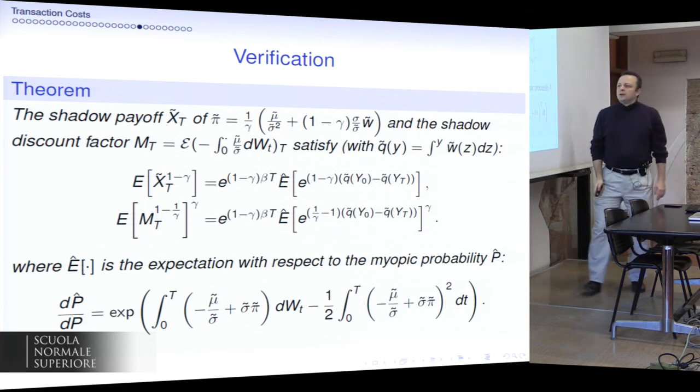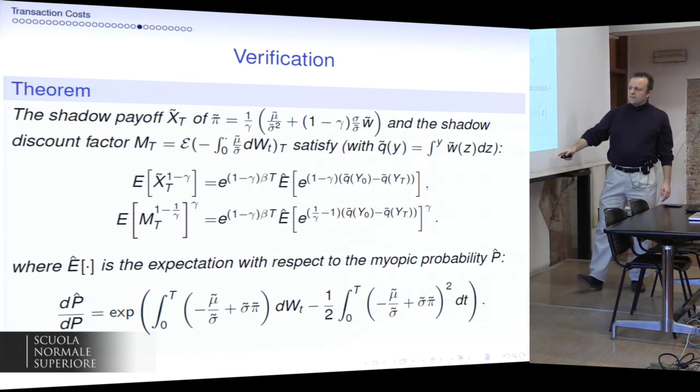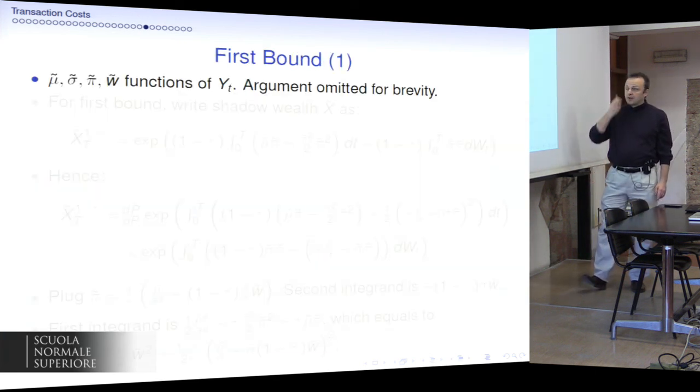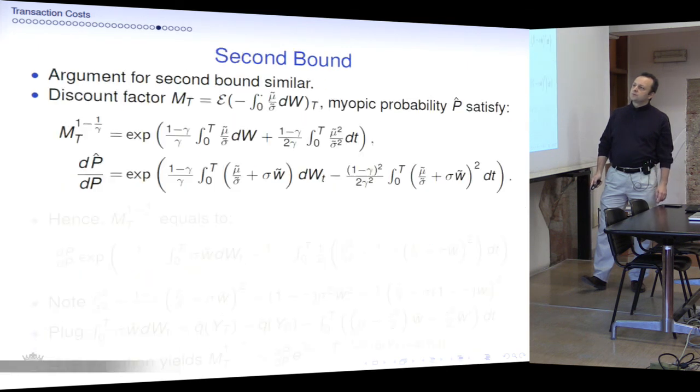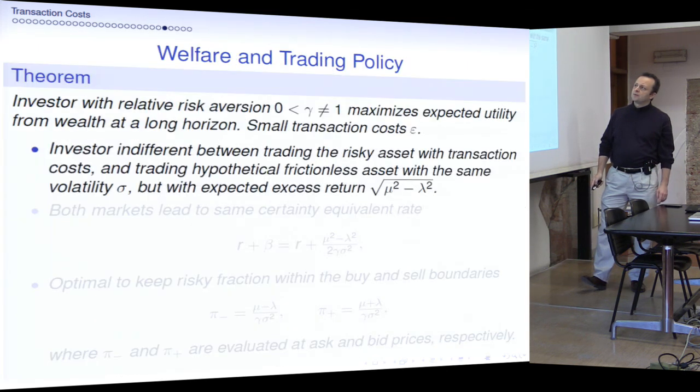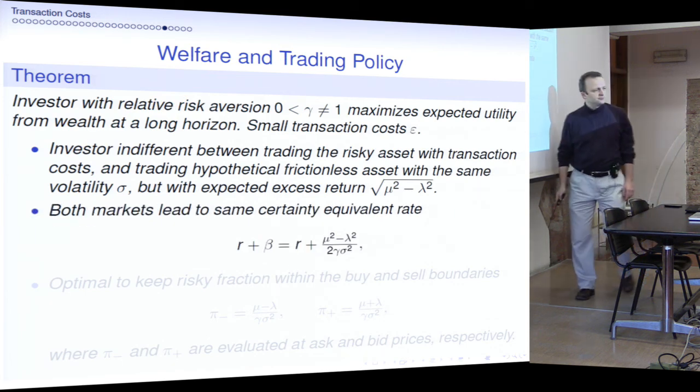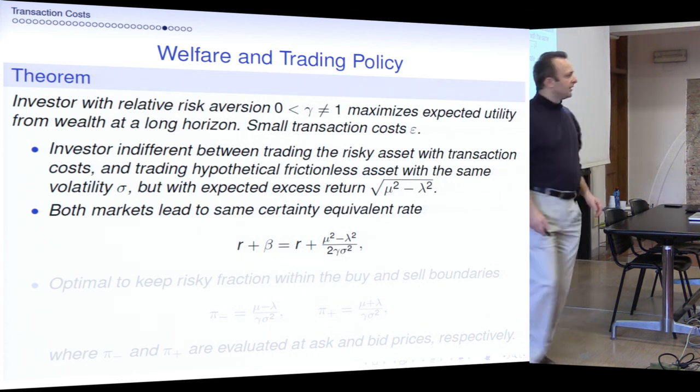Now, the expression for the myopia probability, we don't really care, and I'm not going to discuss the bounds. I just want to tell you a little bit about the interpretation of the result.